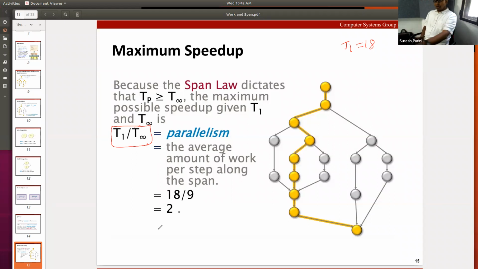I think this insight that we have arrived at using an extremely simple analysis is great. We just looked at the critical path, we looked at the total amount of work, and we are saying, hey, for this program, the best possible speed up that you can get is 2.